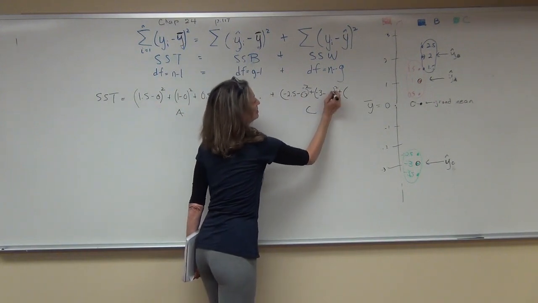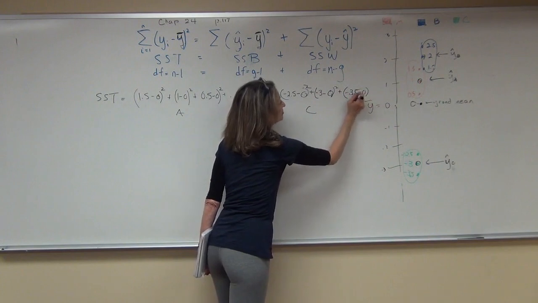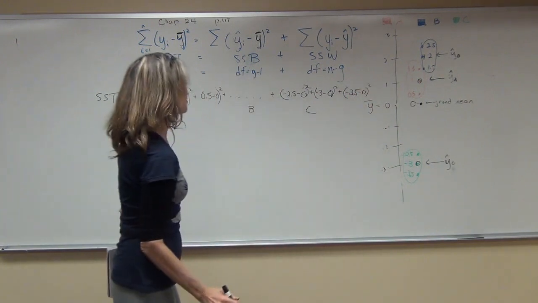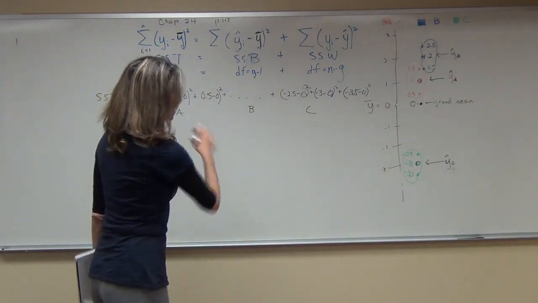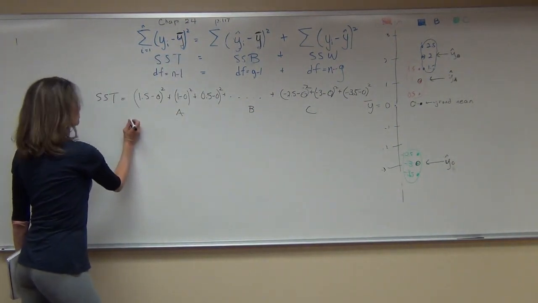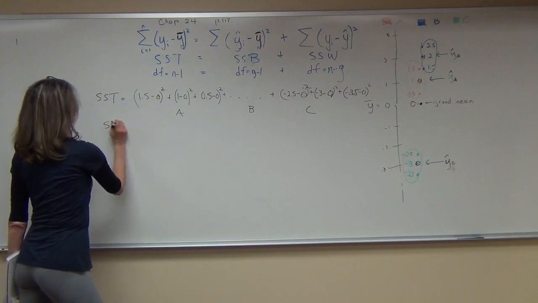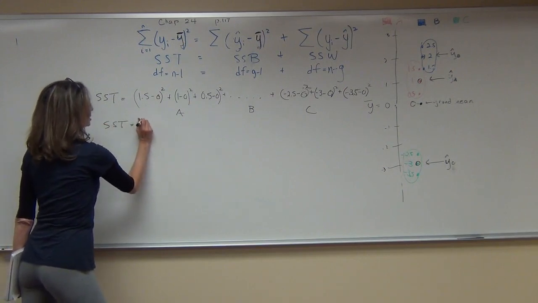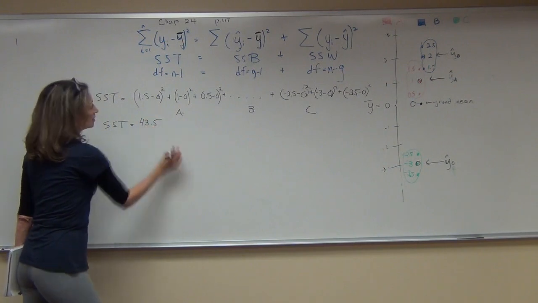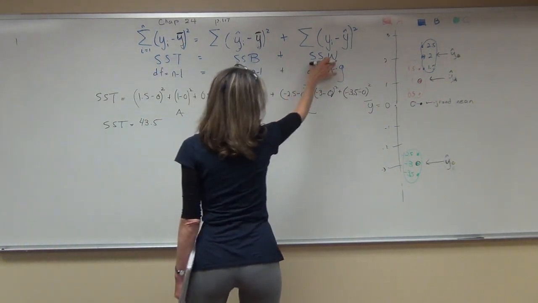Minus 0, duh. Negative 2.5 minus 0 squared, plus negative 3 minus 0 squared, plus negative 3.5 minus 0 squared. Ta-da. So we do it for all 9 of them and add them together. And when I did that, I got the sum of squares total equal to 43.5. You can check. This is supposed to be equal to this plus that.